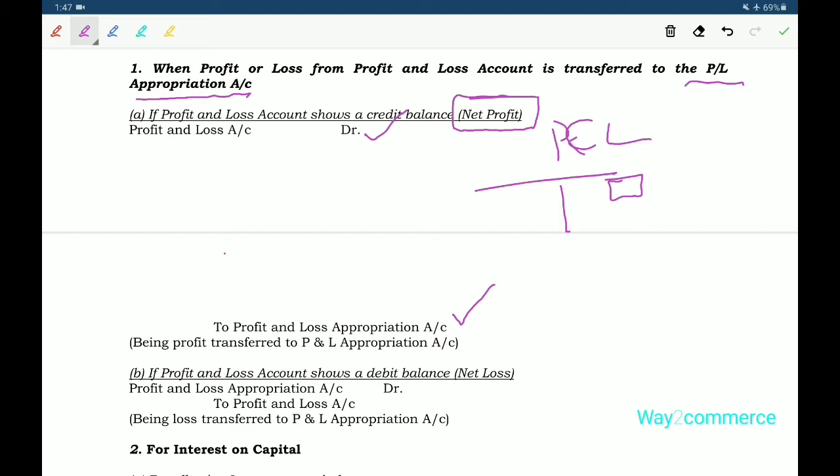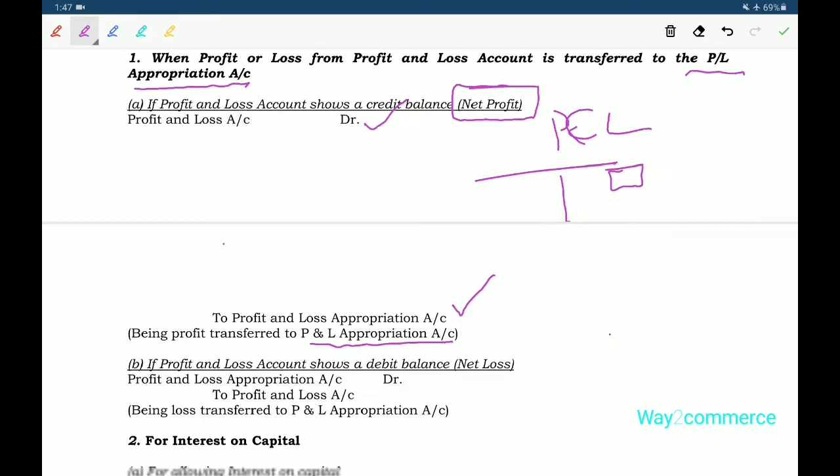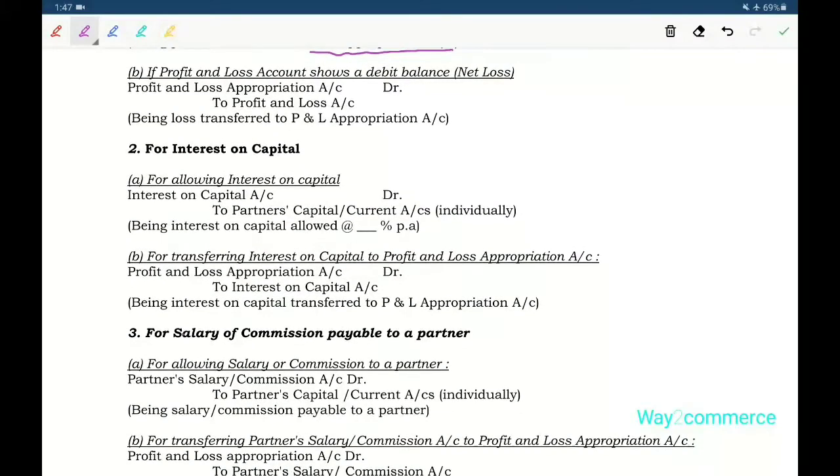What is the narration? Being profit transferred to profit and loss appropriation account. Next, in case of loss arises, what is the entry? Profit and loss appropriation account debit to profit and loss account. Being loss transferred to profit and loss appropriation account.